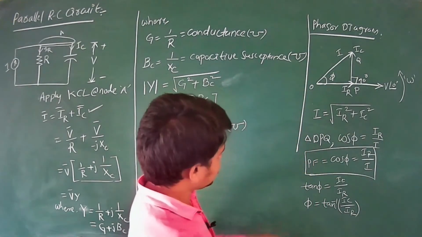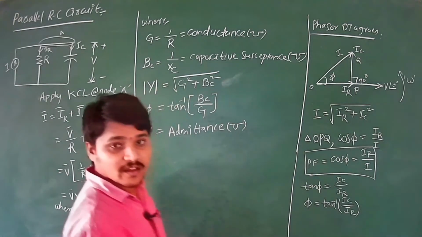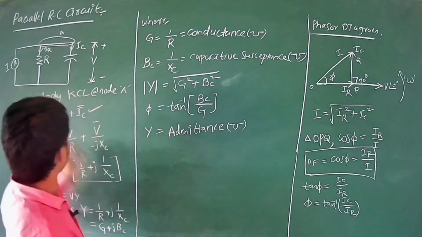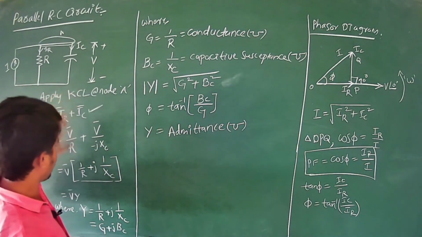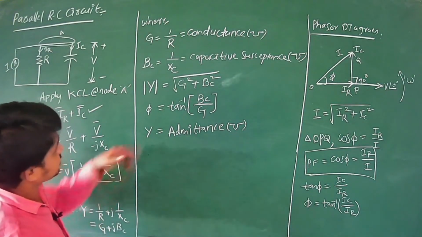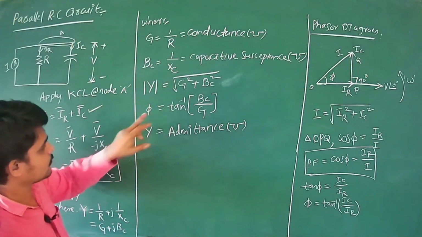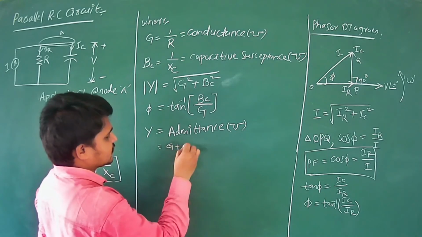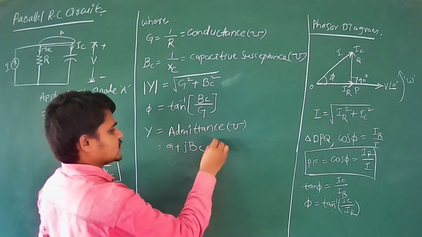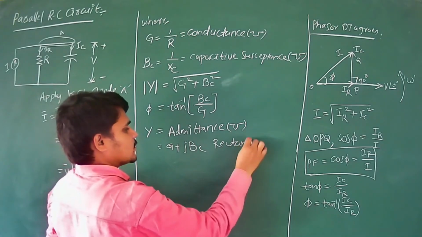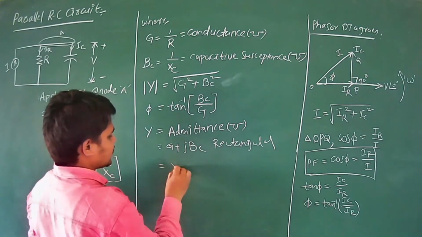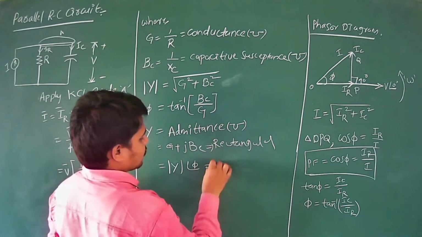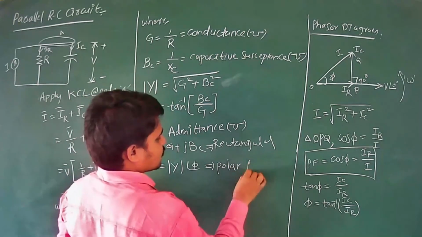This is the way to analyze the steady state of the RC parallel circuit. If I apply the Kirchhoff current law and find the admittance, Y can be expressed as G plus jB, which is the rectangular form, or as magnitude at an angle phi, which is the polar form.